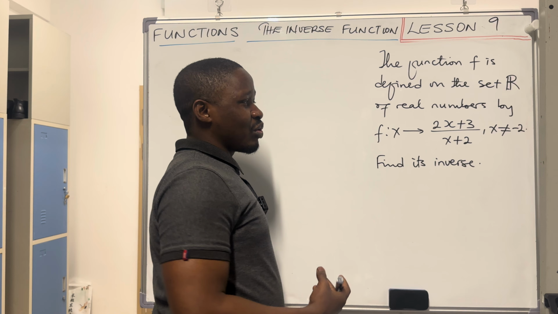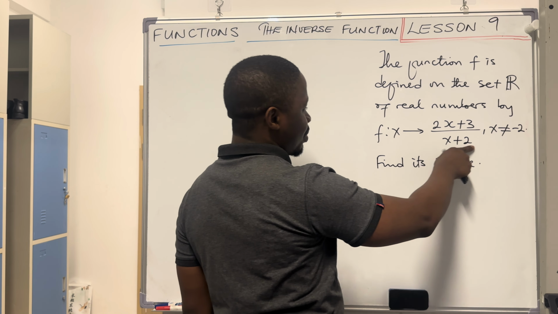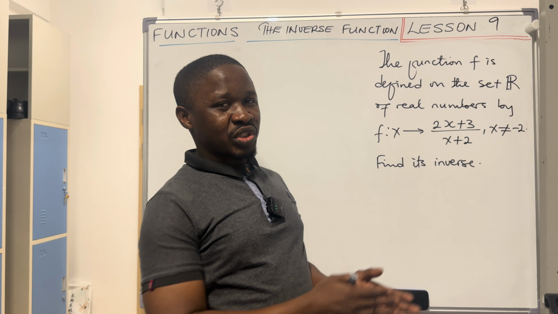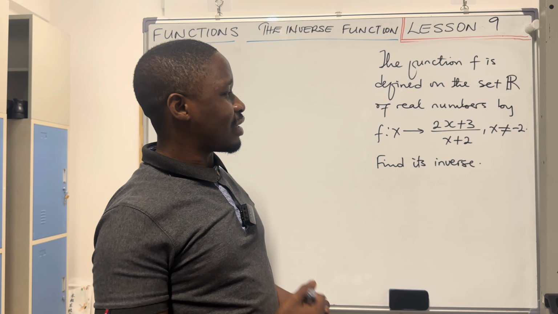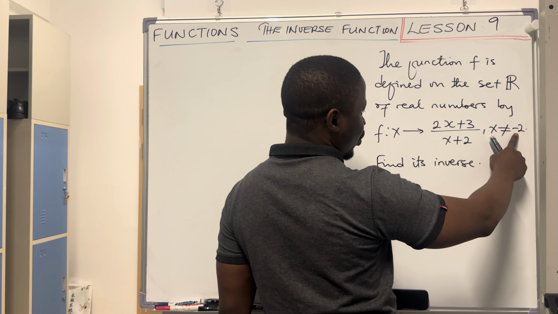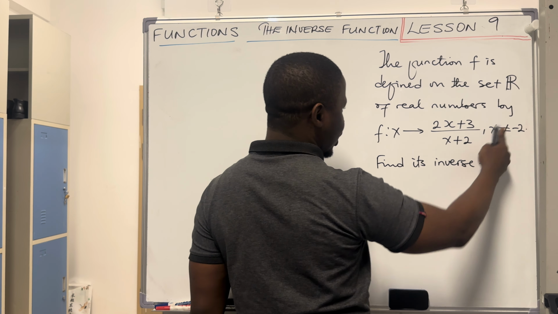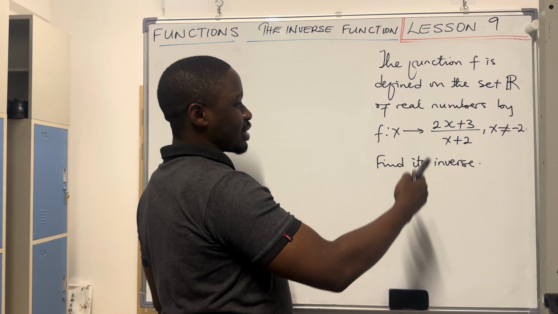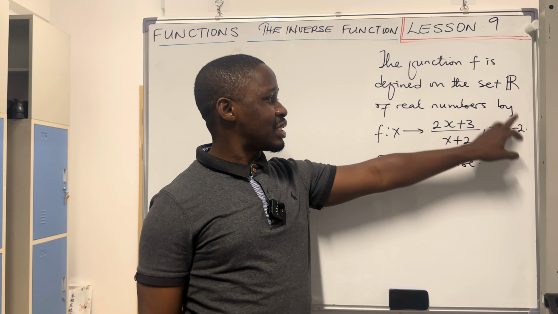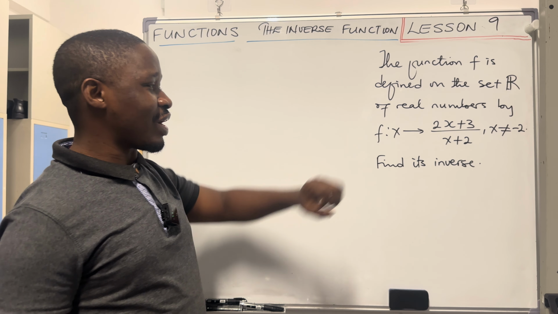But we must acknowledge that the denominator here must not be 0, and the only value that we must exclude from the domain is x not equal to -2. That is just an acknowledgement. It doesn't mean that you need this in trying to find the inverse here.